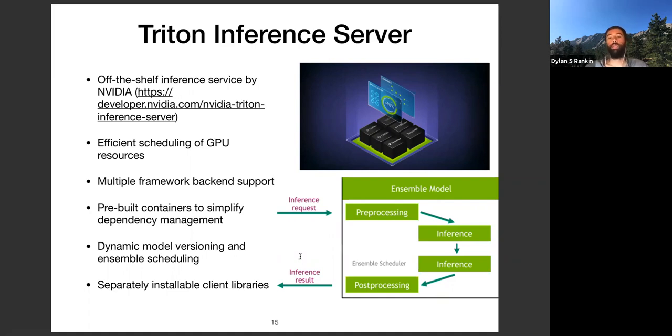And so Triton supports ways to do this where you have an inference request come in, you send the input data along with it, and then Triton does all of pre-processing, first inference, second inference, post-processing, and then sends the final result back. And these things can become non-serial. You can have pre-processing, inference, and then two separate inferences, and then post-processing, and these things can get fairly complicated. And this is all supported natively, which is really convenient.